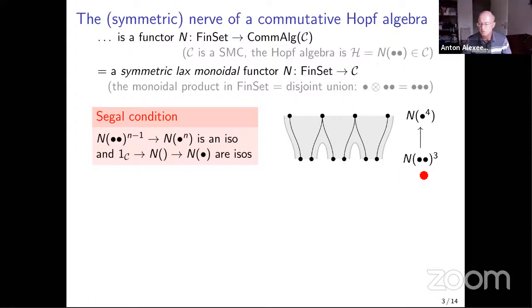Okay, I think there is one more question on the chat, but I don't know, Ted, maybe you want to ask it yourself, because for me it's too complicated. Hi. Yes, just to clarify. So, Pavol, you spoke about group nerve just for groups, but you are speaking now about commutative Hopf algebras, but aren't they just group objects in the category dual to commutative algebras?